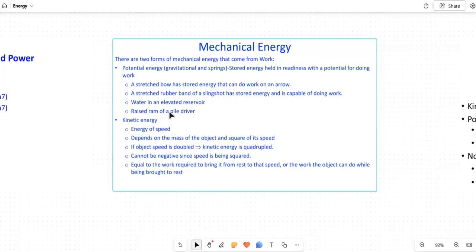If an object is moving, then it has kinetic energy. We already saw that kinetic energy had a 1/2 mv squared. So if you are moving and you have a velocity, if you square that, now you're quadrupling the kinetic energy. We're going to talk about all of these.